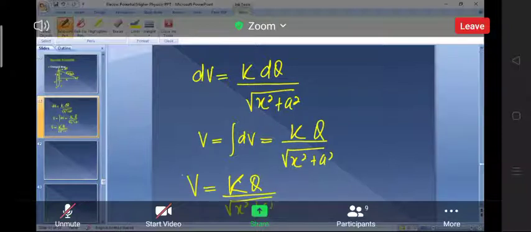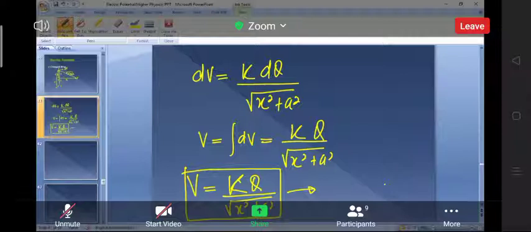You can calculate the field from here as well. If you are interested in calculating the field, you can use the equation that field is equal to negative gradient of potential, so minus dV by dx. The electrostatic field will come out to be kq multiplied by x divided by x square plus a square to the power 3/2.